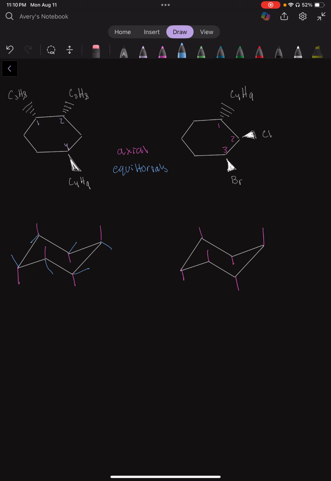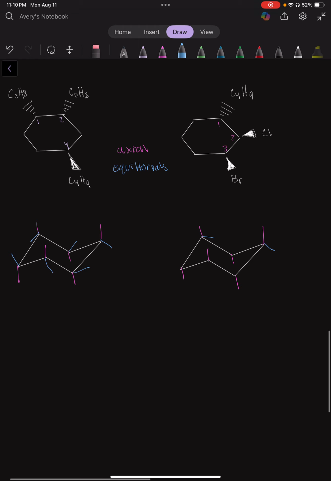And then same thing for the other side. It's going to be down, down, and down. Then axials are down, so equatorials are going to be up, up, and up.